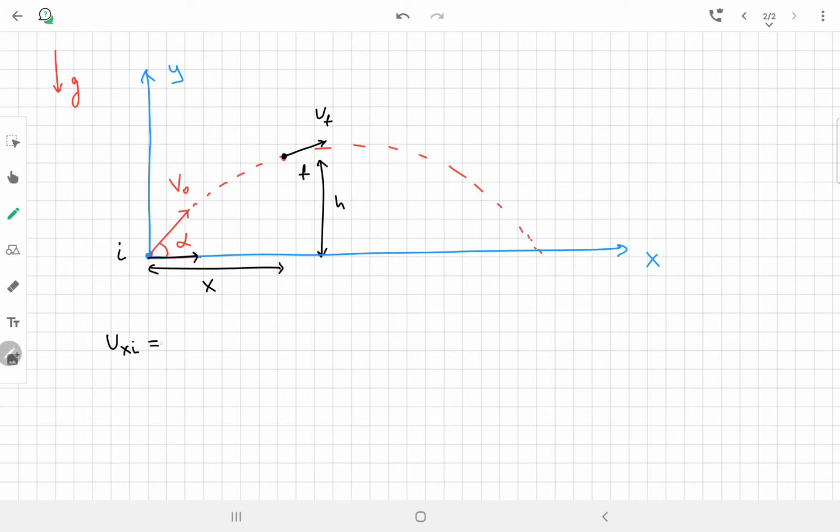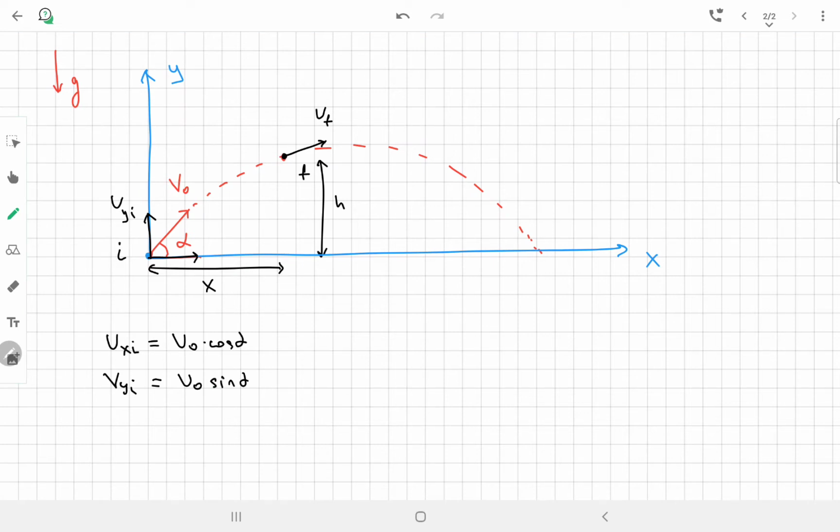And from the figure, it's obvious that v0 times cosine alpha will be equal to the initial x component of the velocity. And we have a y component, the vertical component, let's call it vy initial, and it will be equal to v0 times sine alpha.